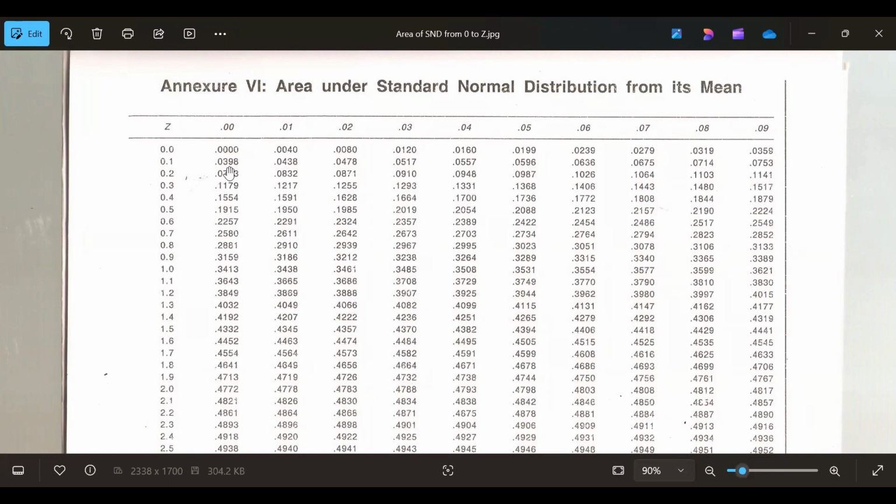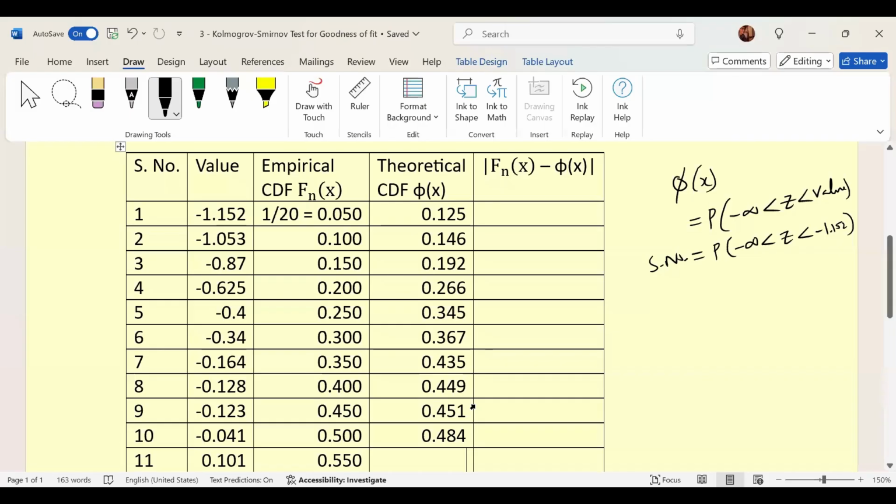We need to add 0.5. Why 0.5? Because the area from negative infinity to 0 is 0.5, and that needs to be added. So it works out to 0.54. Like that we have to do: for positive values, we refer to the 0 to Z tables and then add 0.5 to that value. So here we get 0.54.